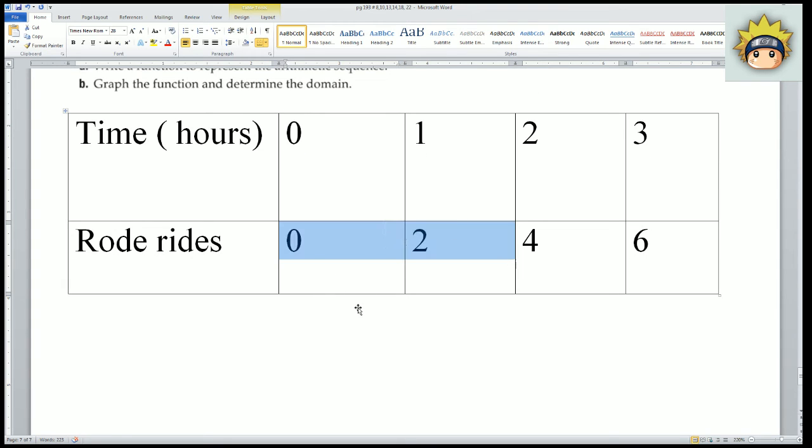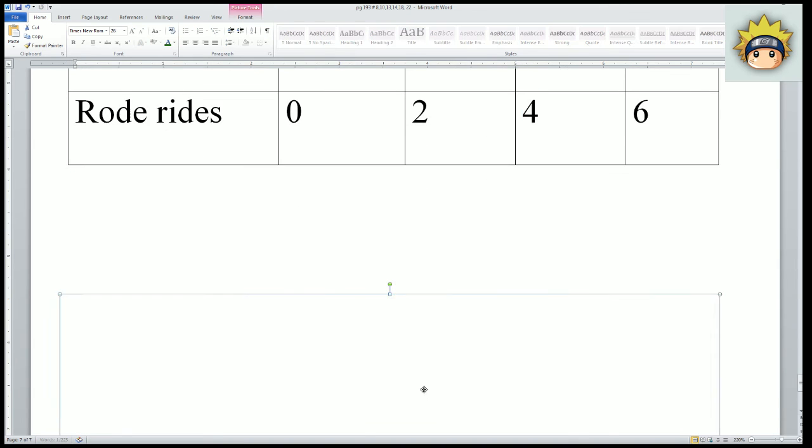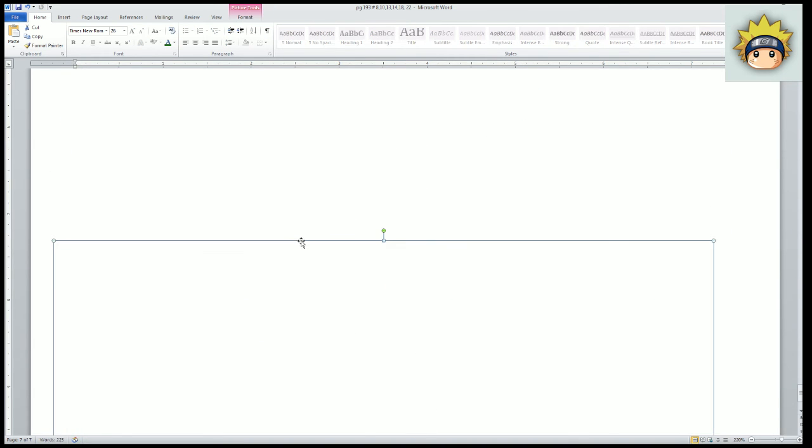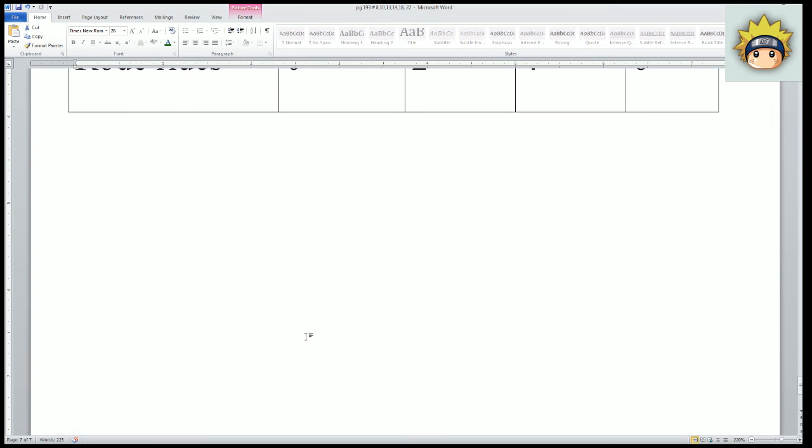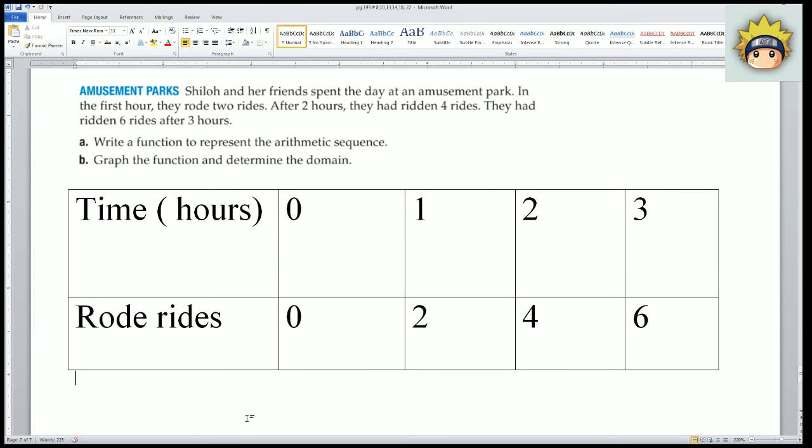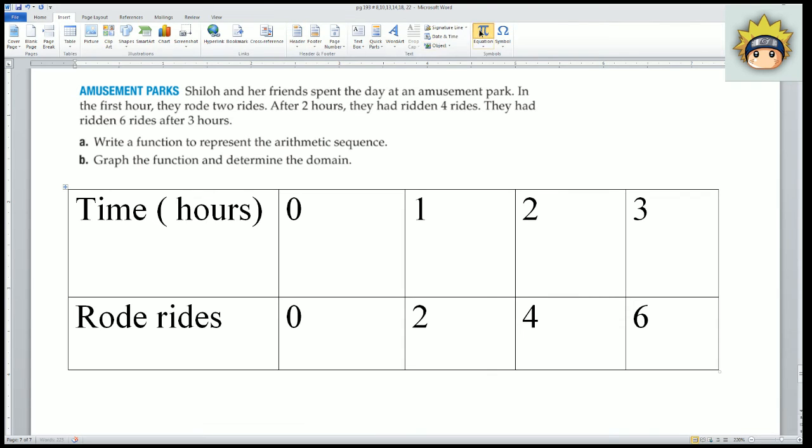From 0 to 2, it's 2. From 2 to 4, it's 2. 4 to 6 is 2. So here I should have the common difference. Here's the equation.